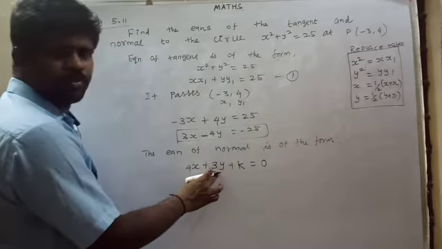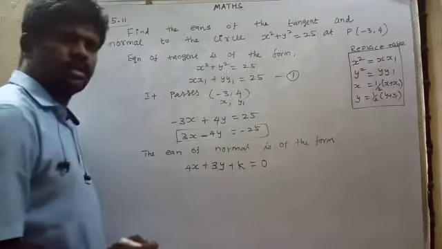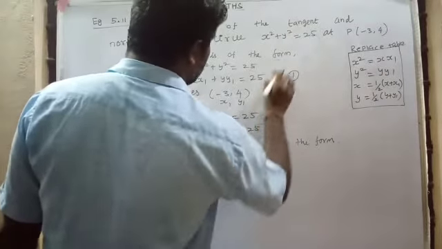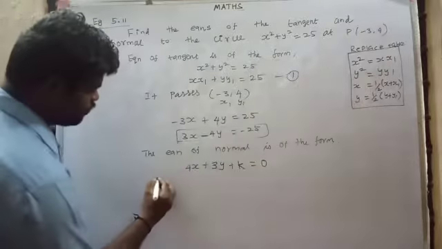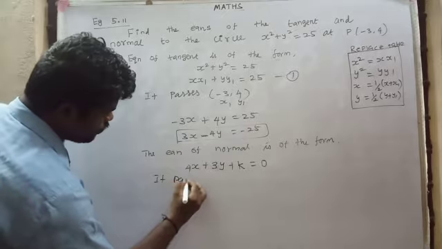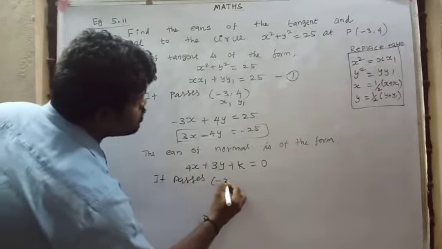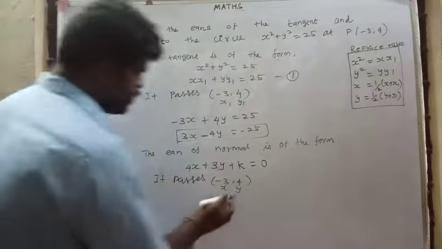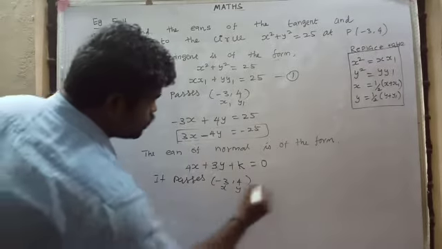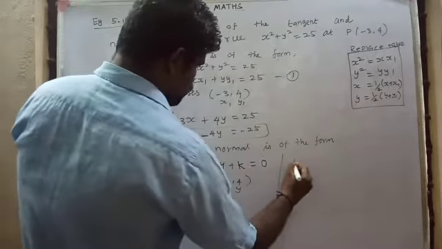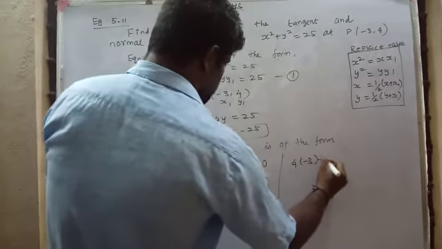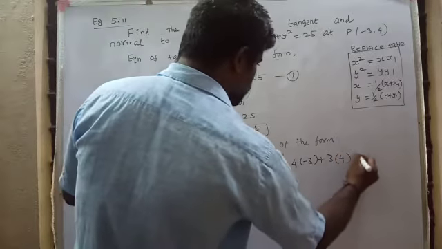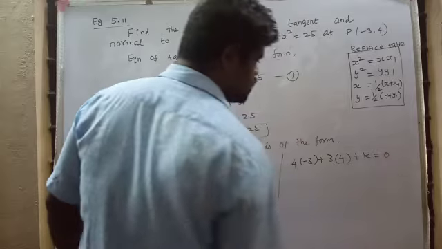Plus 3y plus k equal to 0, and we apply the point minus 3 comma 4. It passes through minus 3 comma 4. This is x and y. Apply the value: 4 into minus 3 plus 3 into 4 plus k equal to 0.